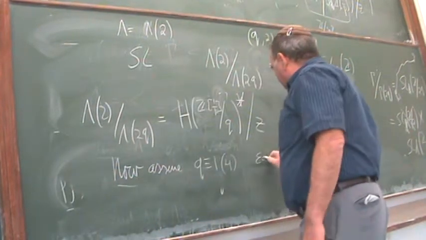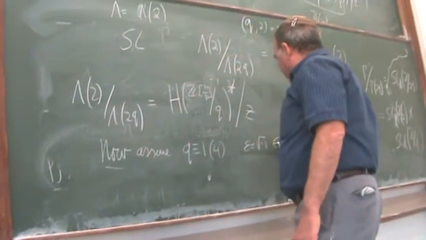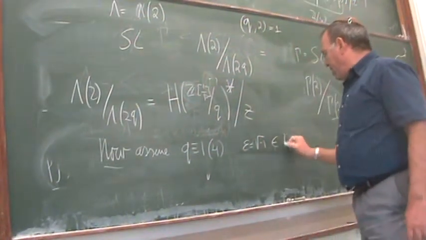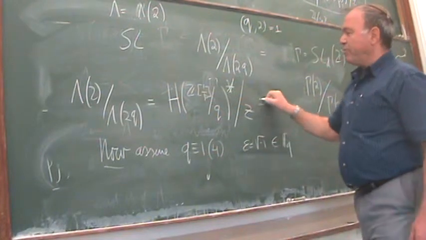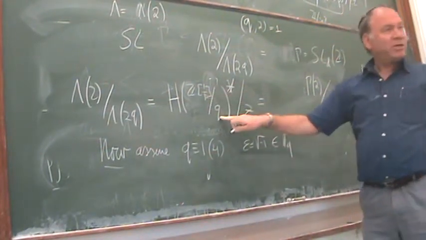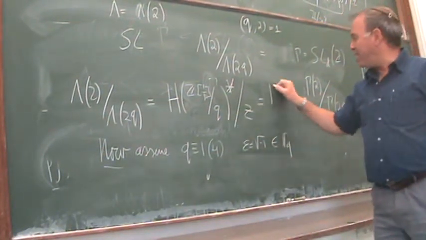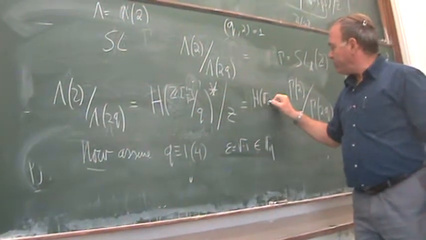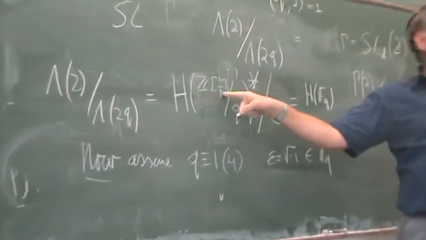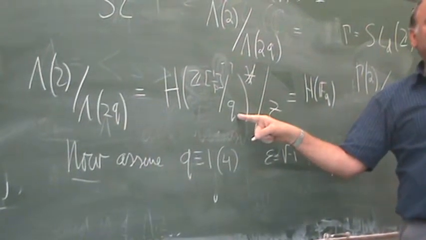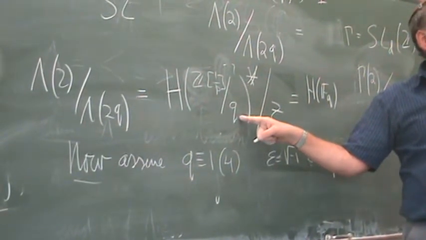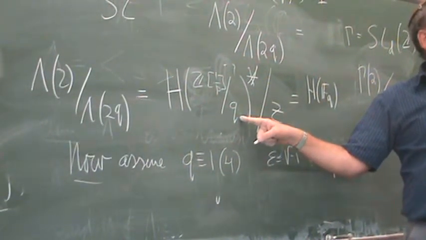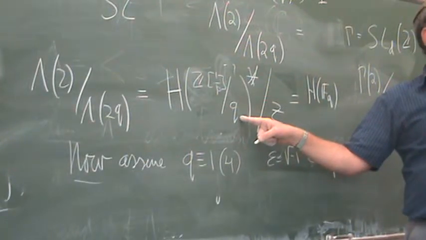So we have epsilon, square root of minus 1, inside FQ. Now this is what? Z[1/p] divided by Q is exactly H of FQ. Right? If I localize the ring and then divide by Q, this is the same as dividing Z by Q. Right?